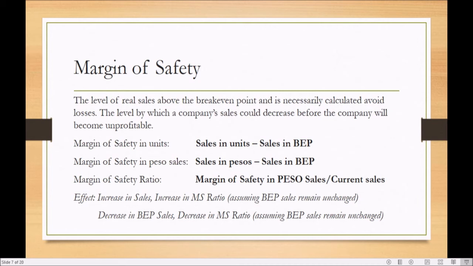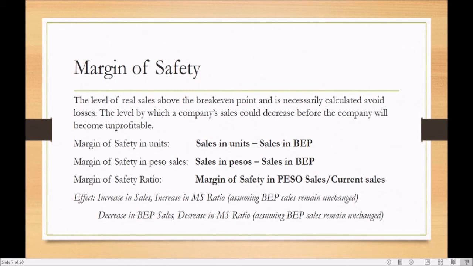If there is an increase in sales, the effect is our margin of safety ratio will increase, assuming that the break-even point in sales will remain unchanged.